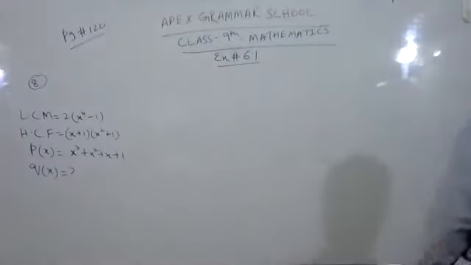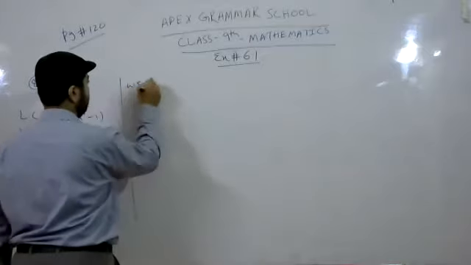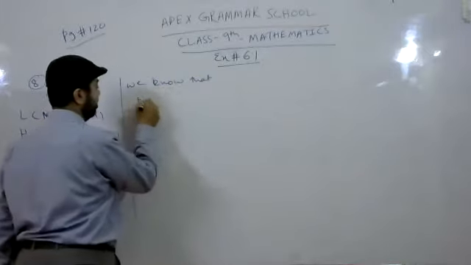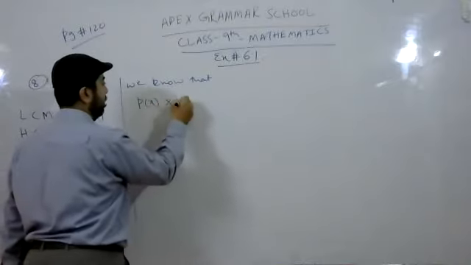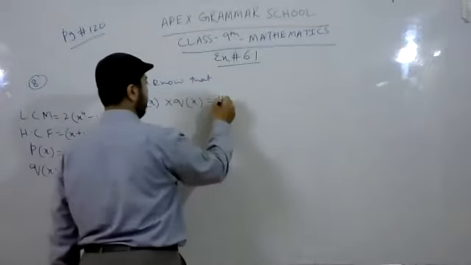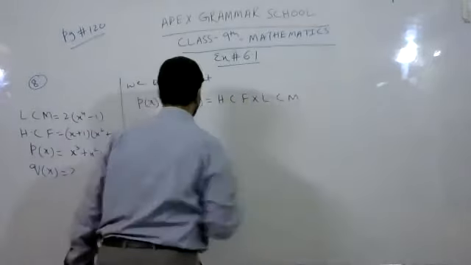The formula is, we know that P of x multiplied by Q of x is equal to HCF multiplied by LCM of them.